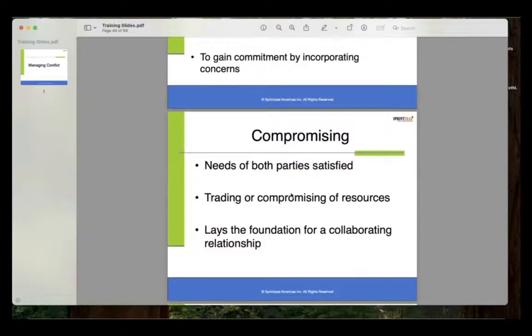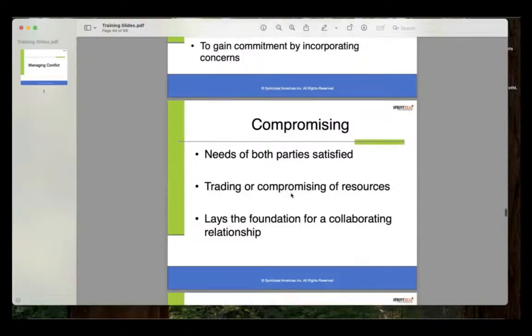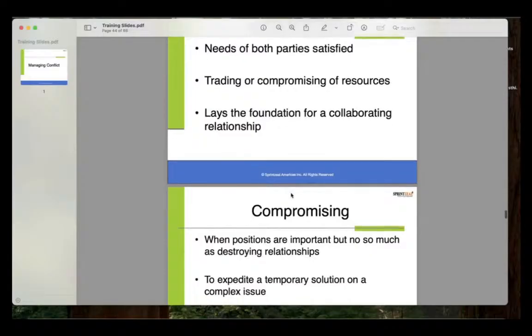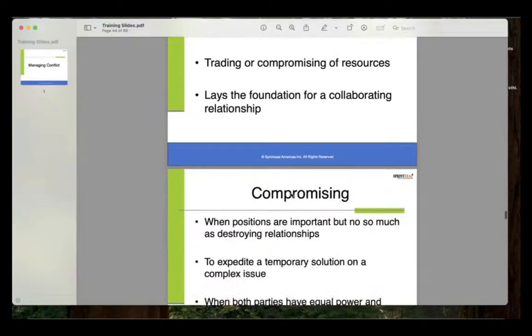Also, this style lays the foundation for a collaborating relationship. When we compromise in any process or conflict, that is the foundation, because after that we are going to collaborate. That is why it is said to be the foundation of a collaborating relationship.